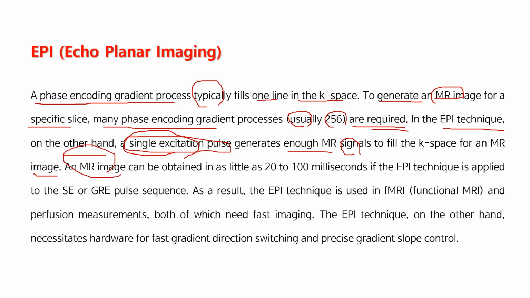An MR image can be obtained in as little as 20 to 100 milliseconds if the EPI technique is applied to the spin echo and GRE pulse sequence. So we just need around 200 milliseconds for one image.